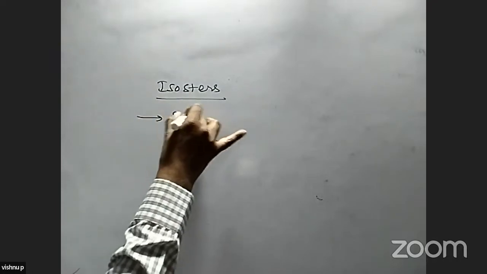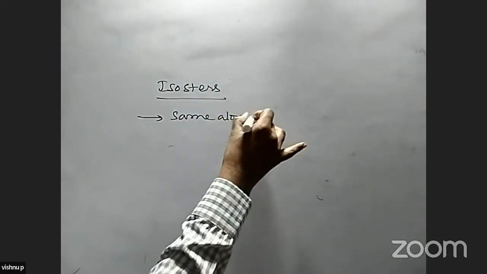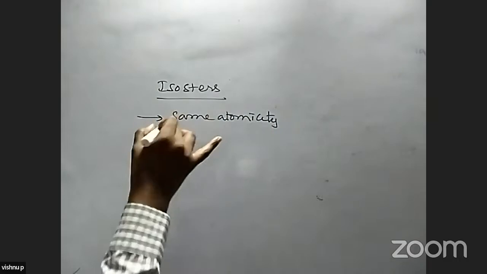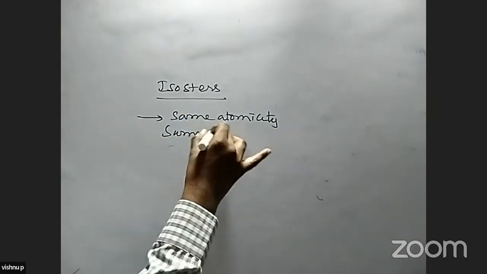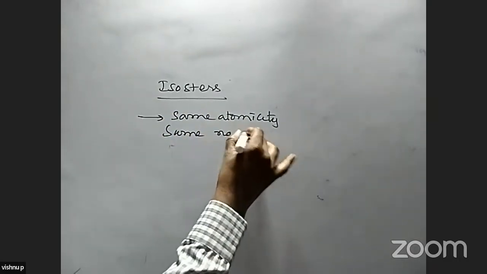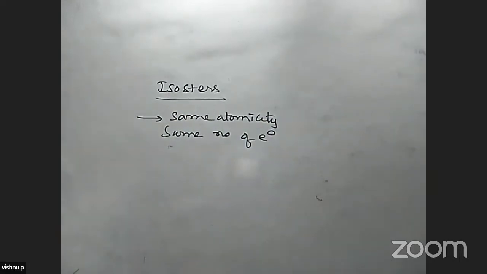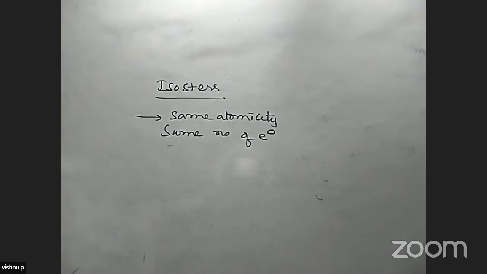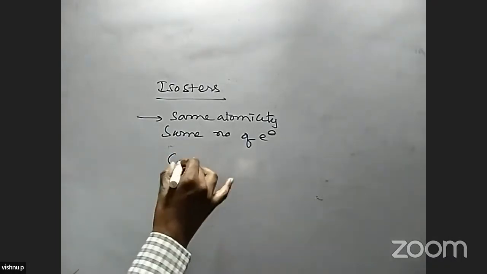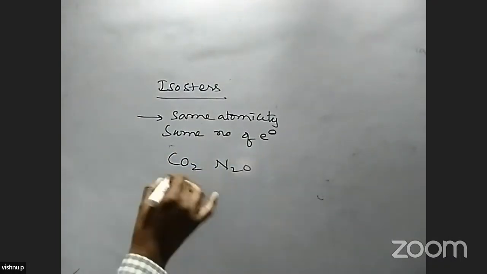Next is isosteres. What is the nature of isosteres? They contain the same atomicity and, at the same time, the same number of electrons. That type of molecules are called isosteres. We take an example, CO2 and N2O.